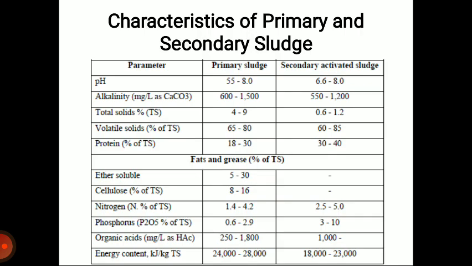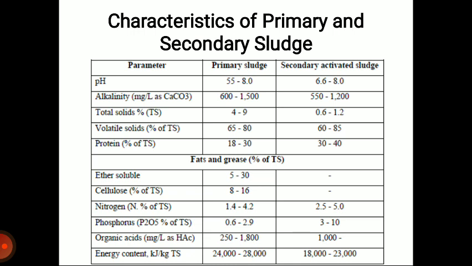These are the following characteristics of primary and secondary sludge. The parameters: pH level for primary sludge 5.5 to 8; secondary activated sludge 6.6 to 8. Alkalinity in milligram per liter as calcium carbonate: 600 to 1500 for primary sludge, and 550 to 1200 in secondary activated sludge.